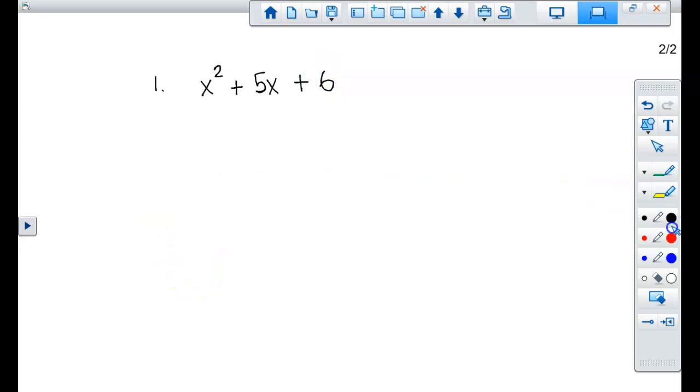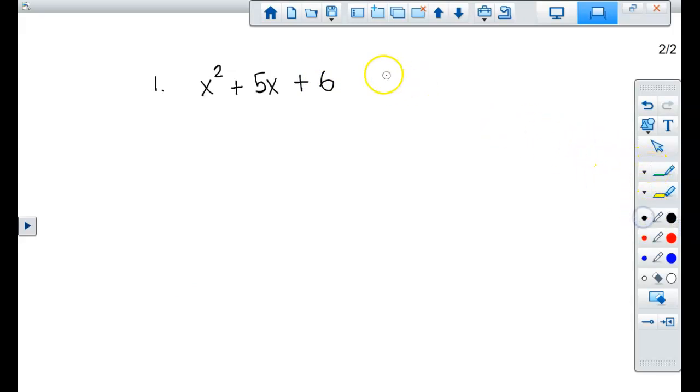All right, so here is the first trinomial we are going to factor. Let's start with x squared plus 5x plus 6. So x squared plus 5x plus 6 is what we'll begin with.